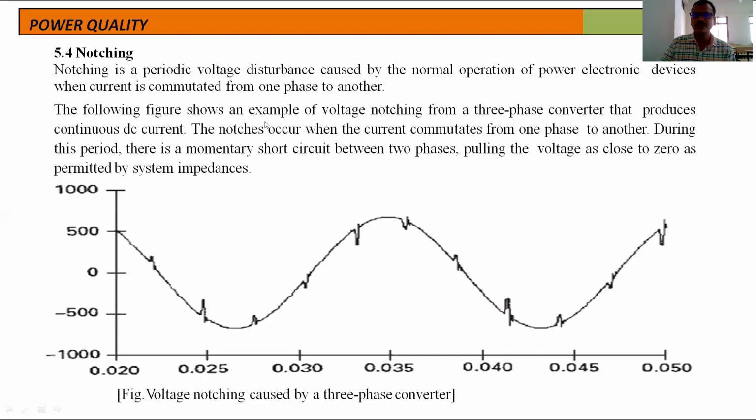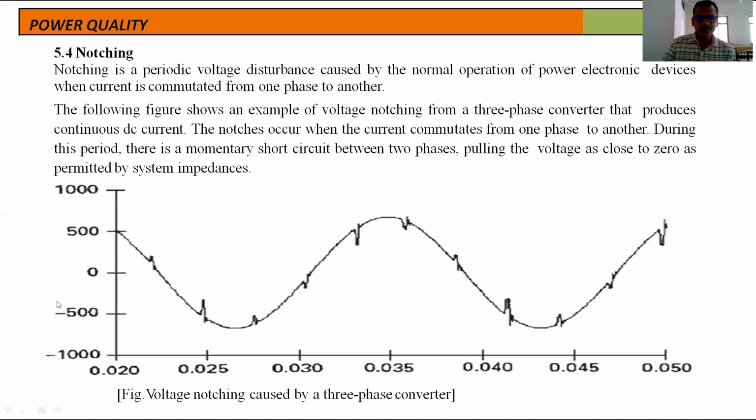The following figure shows an example of voltage notching from a three-phase converter that produces continuous DC current. The notches occur when the current commutates from one phase to the other phase. During this period, there is a momentary short circuit between two phases, pulling the voltage as close to zero as permitted by the system impedance.